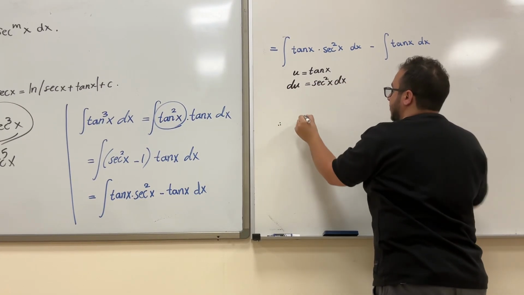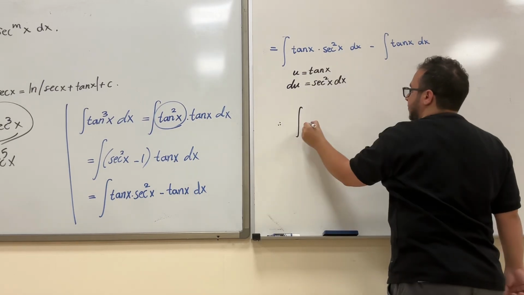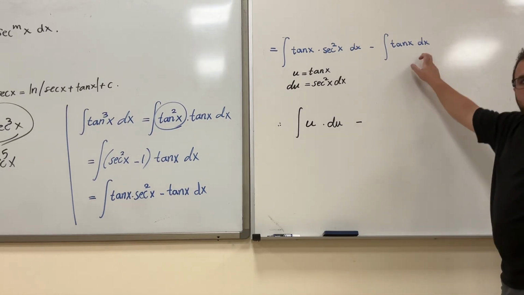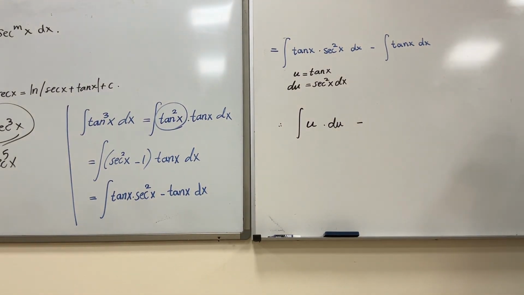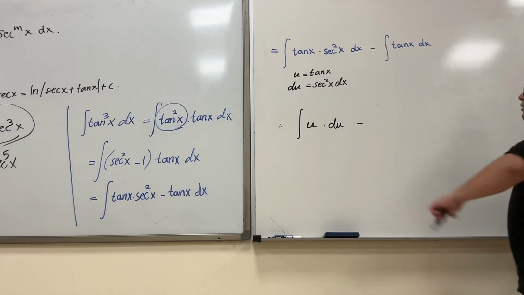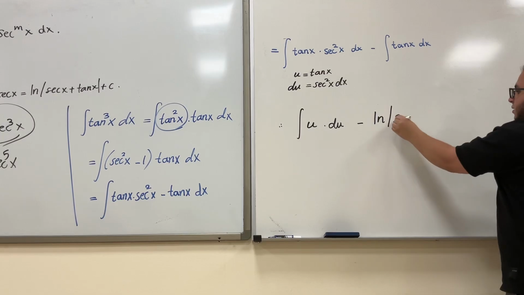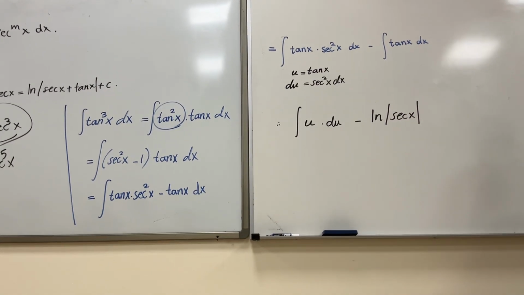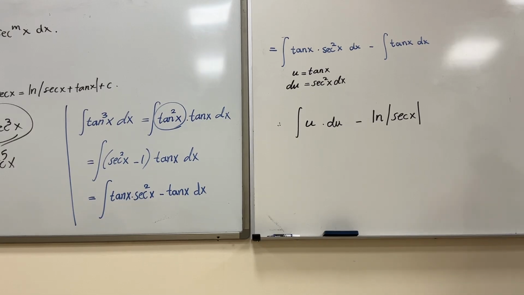So this becomes integration of u du minus, what is integration of tan? This is from the basic rules. Integration of tan is, anyone knows? ln secant x. This is again from the basic rules.